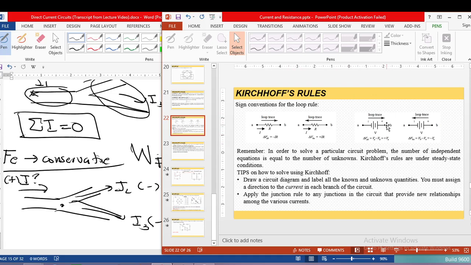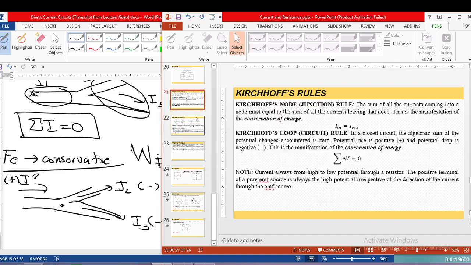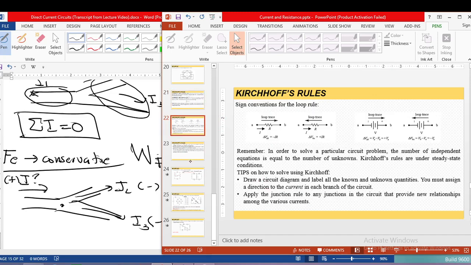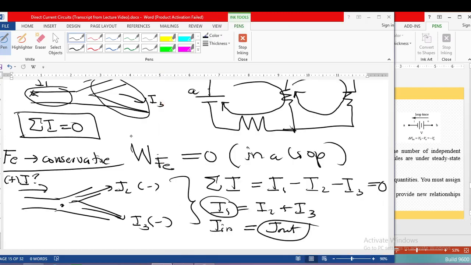For the battery, if your loop trace is moving in that direction, you just have to take note of the direction of your loop.